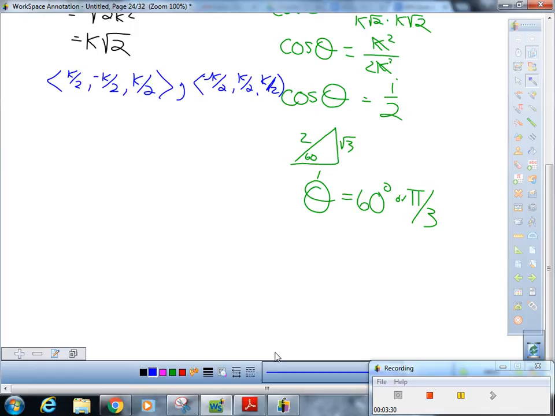Okay, so cosine of theta is going to be the dot product over the magnitudes. So k squared over 4 plus a negative k squared over 4, I'm sorry, that's a negative too.